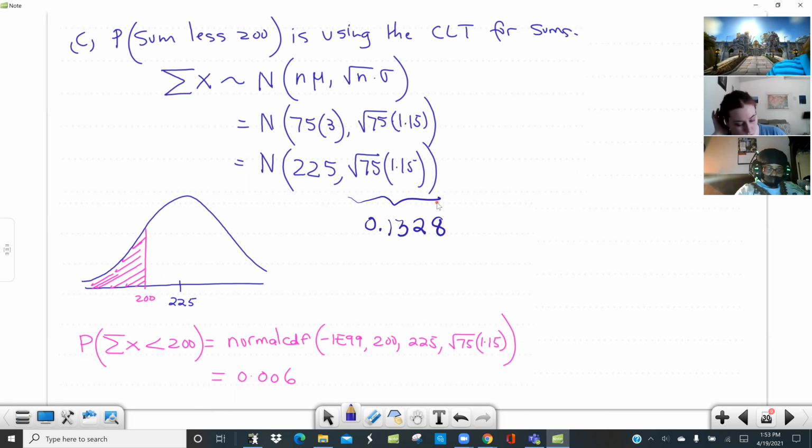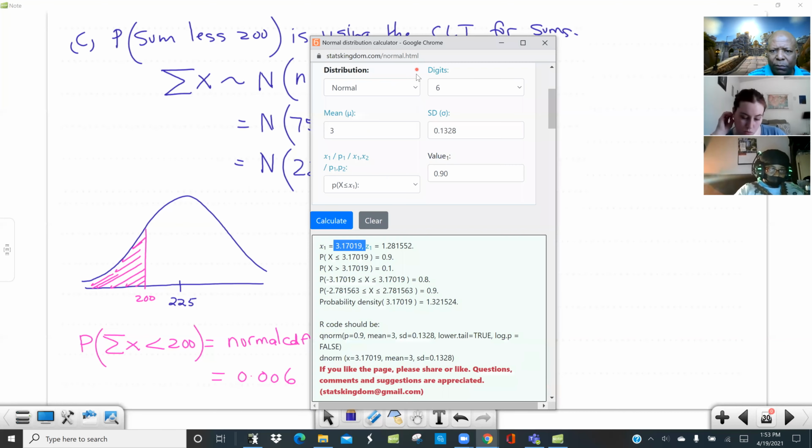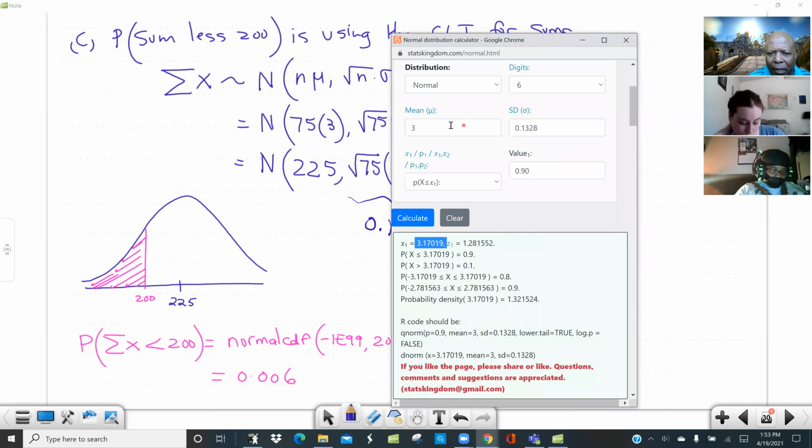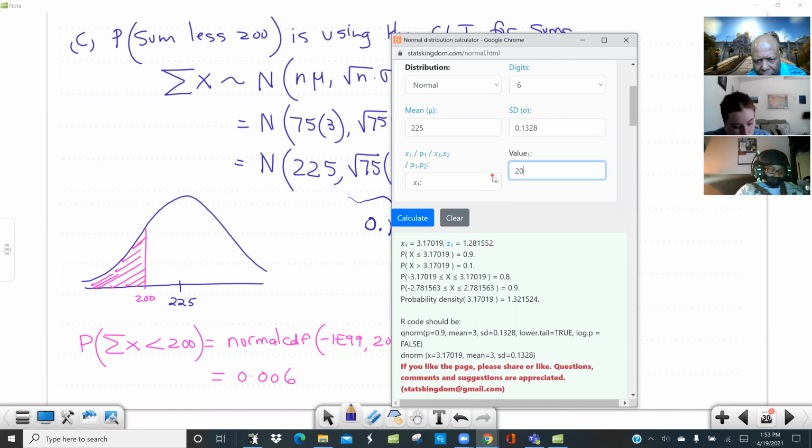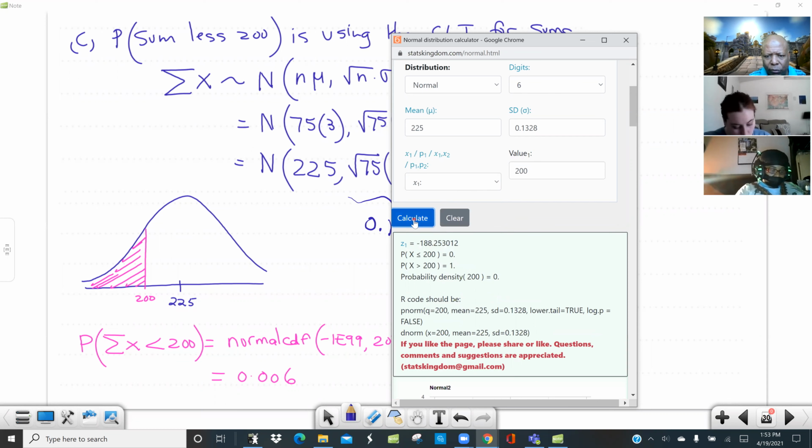Okay, and then I go back to my calculator and I change my values for the normal distribution. This time the mean is 225. The standard deviation is 0.1328. And I want to go to the left. So I pick the first option, put 200 here, calculate, and there it is.